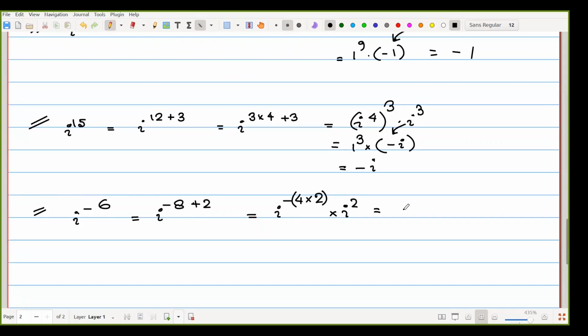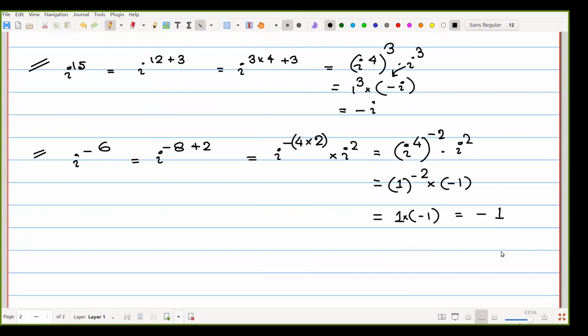Or moreover we are writing it as i to the power 4 to the power minus 2 into i square. So it can be written as 1 to the power minus 2 into i square means minus 1. Now 1 to the power minus 2, that means simply we have 1. So that with multiplication by minus 1 gives us minus 1.